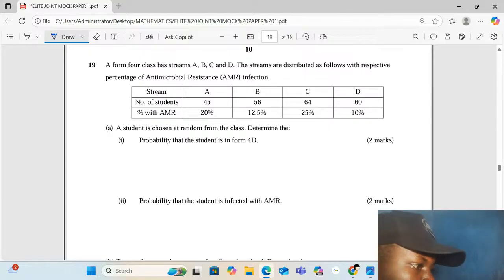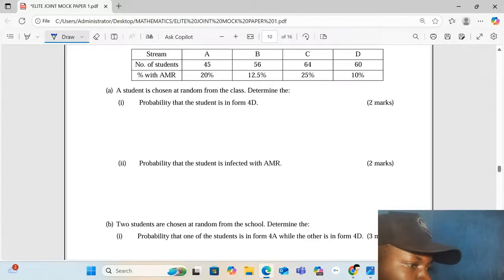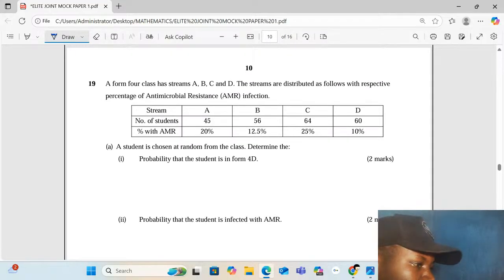A student is chosen at random from the class. Determine the probability that the student is in Form 4D. So this is a question on probability. And the second one, they're saying probability that the student is infected with AMR. So you can start with the first one. This is a question on probability, 10 marks.